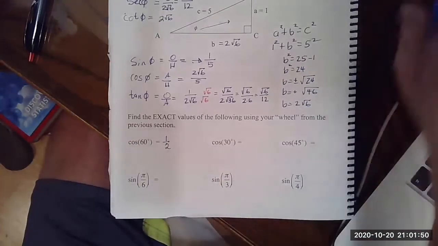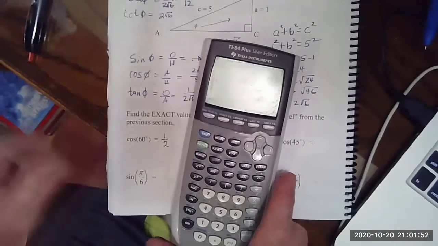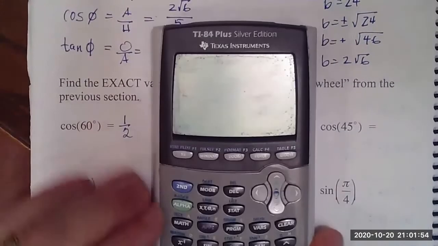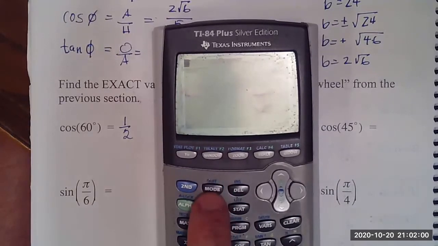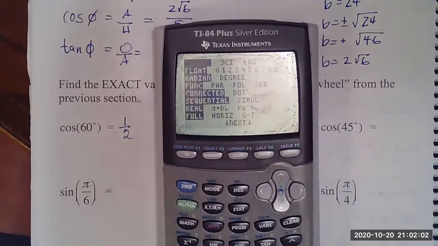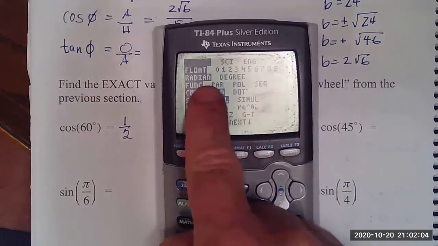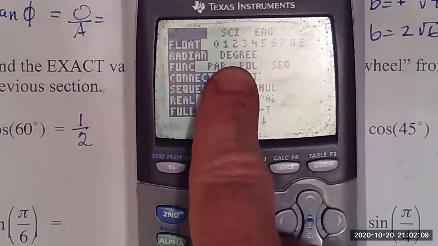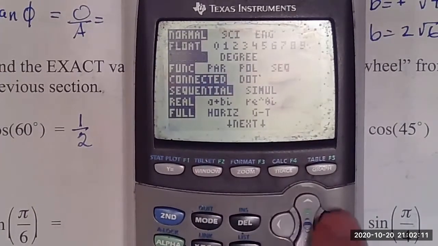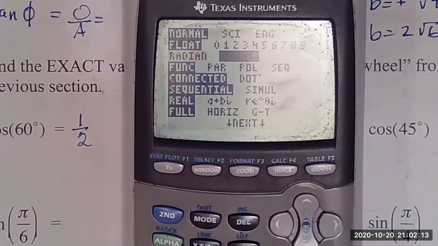And to demonstrate that with the calculator, I remind you that you've got to make sure you're in degree mode. Here's the mode key right here. I'm not in degree mode, I'm in radian. So toggle down to where the degree is, down from radian, and highlight that.